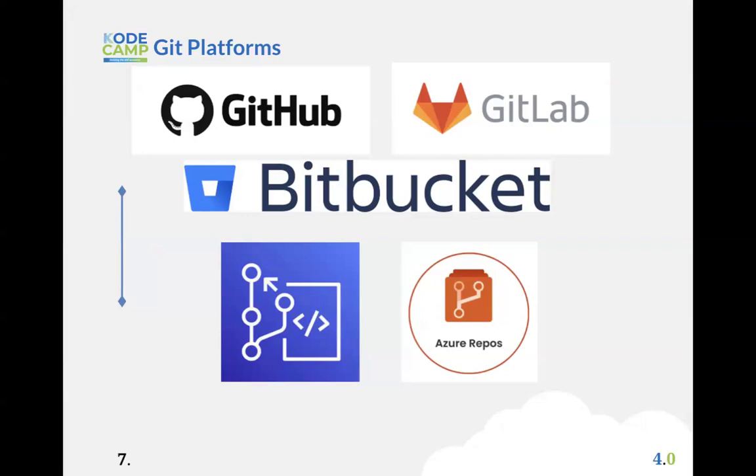You have AWS CodeCommit, which is a proprietary Git repository within the AWS cloud platform. And finally, we have Azure Repos, which is also a Git platform used as part of the Azure DevOps tool.